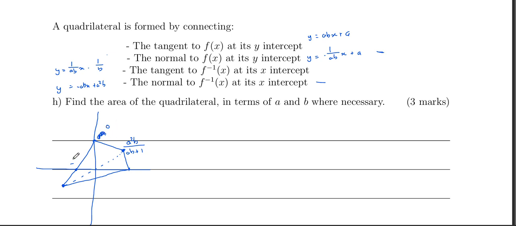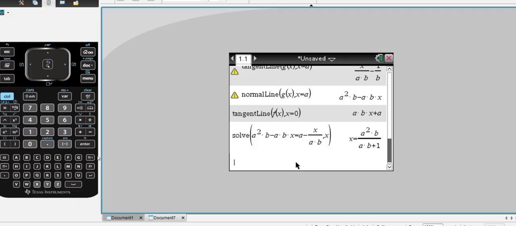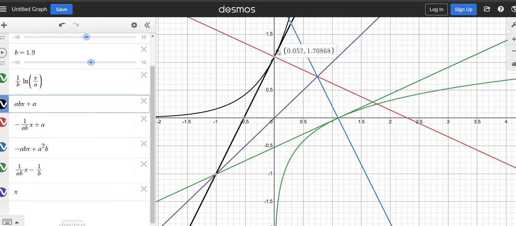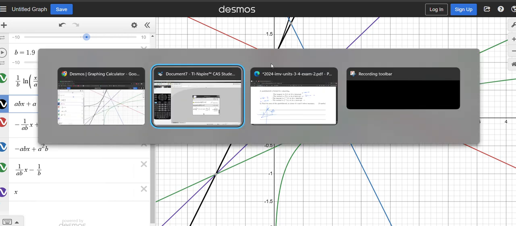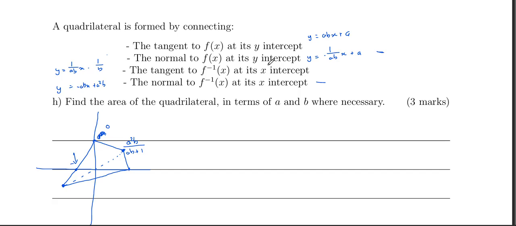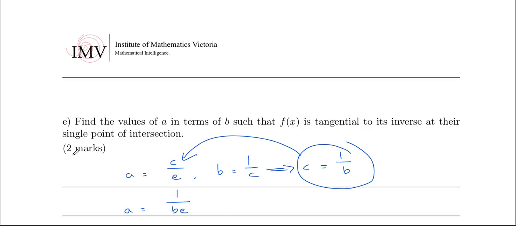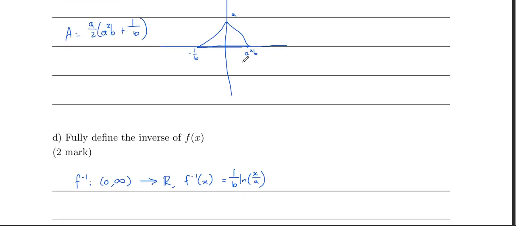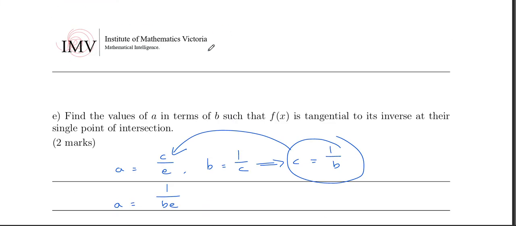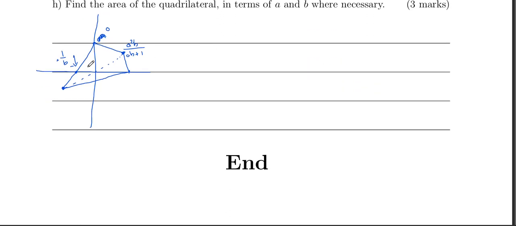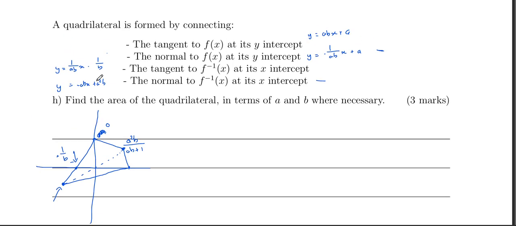Anyway, this point is the x-intercept of this black tangent, which is negative 1 over b, as we found in the triangle question. And then this point is the intersection of the two tangents.